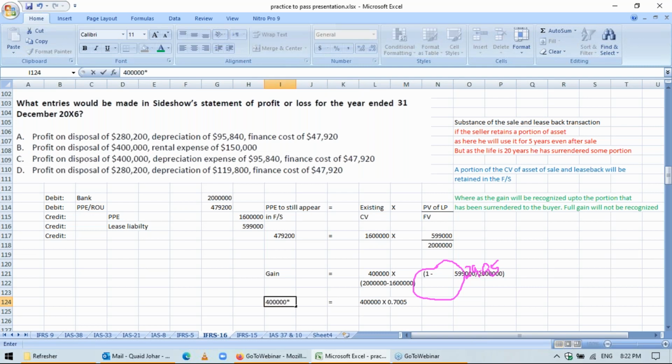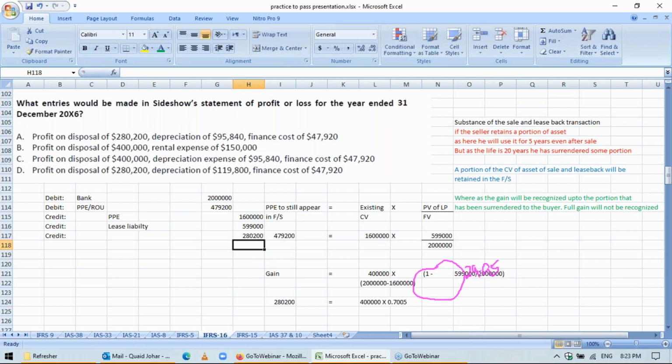This is 280,200. So the gain recognized will be 280,200.